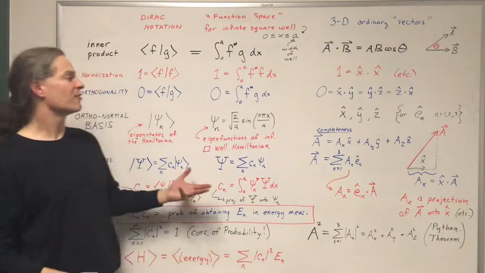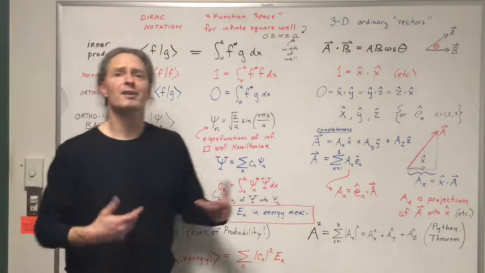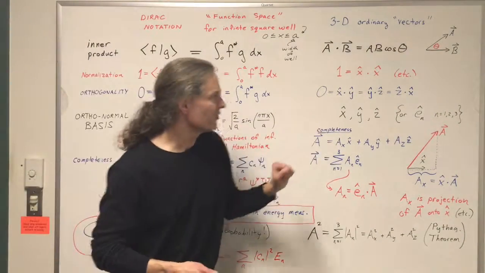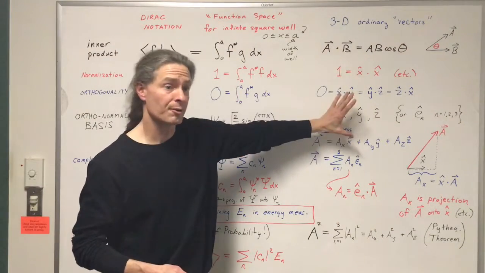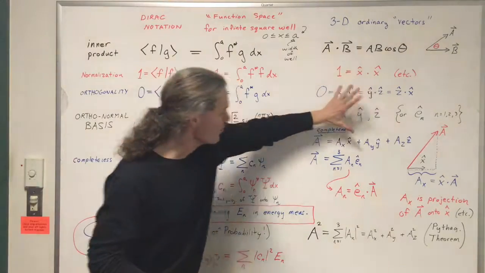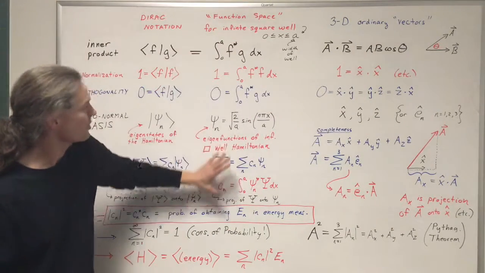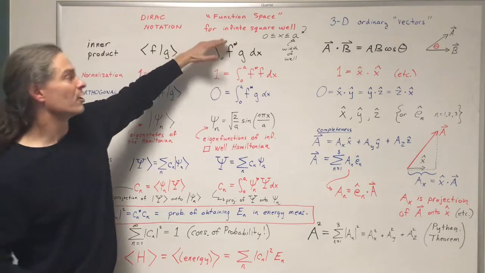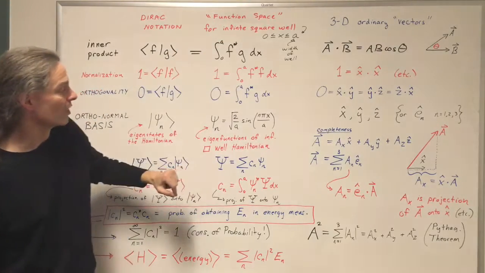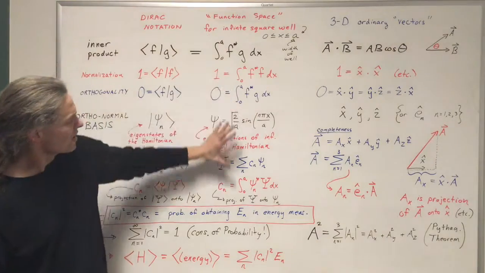All right, so there's a lot of material here, but hopefully the goal is not to cause confusion, but to use things we know about ordinary three-dimensional vectors to help us get a better grasp of some of the mathematical machinery going on with quantum mechanical problems such as the infinite square well. Sometimes the details are complex.